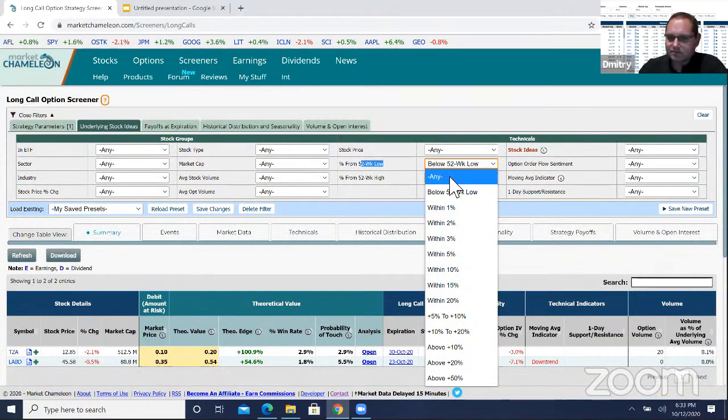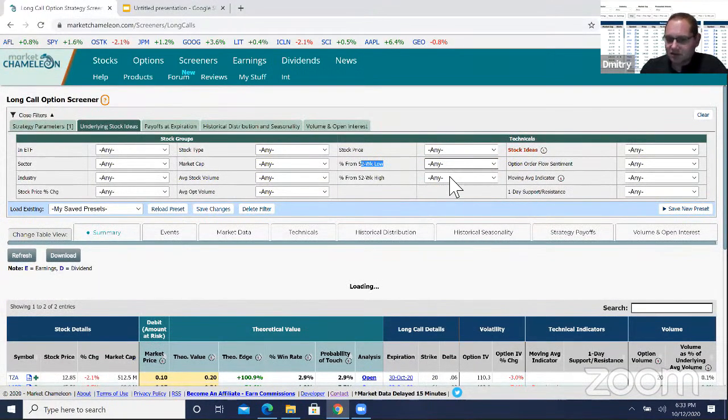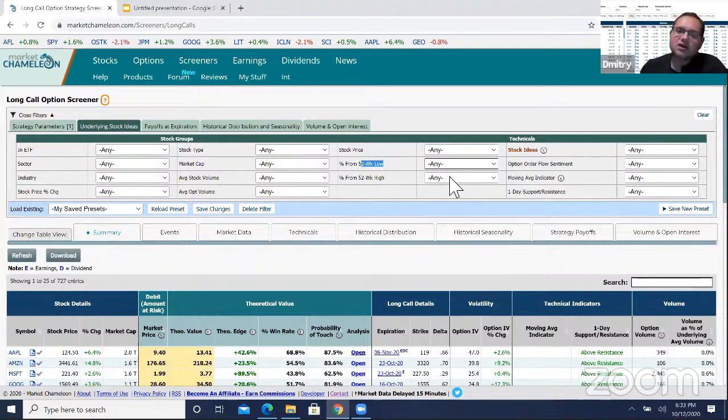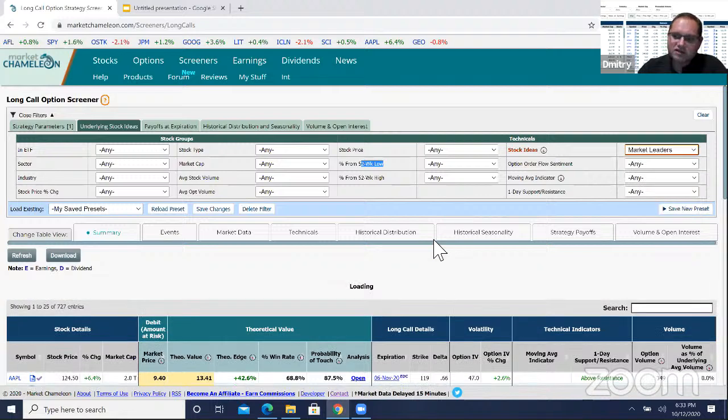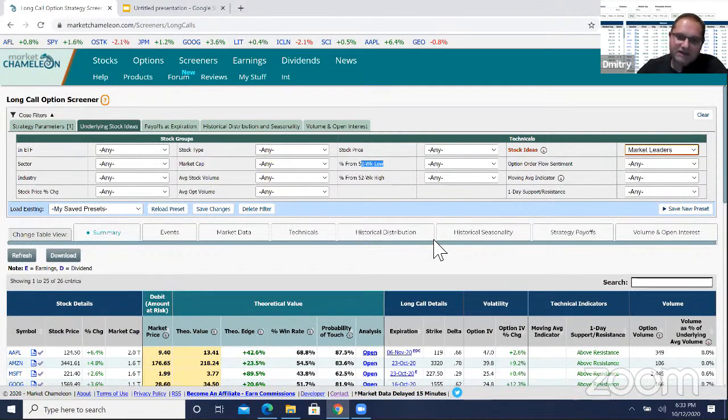So you have the ability to track really quickly and find call ideas based on some technicals. Here's another technical. Let's go over this one: stock ideas. Looking for market leaders, market laggers, or momentum stocks. Market leaders are stocks in the S&P 500 that are the most responsible for pushing the S&P 500 higher.